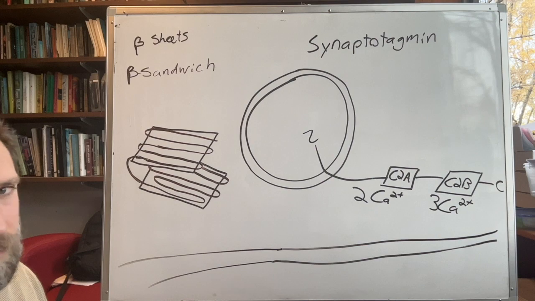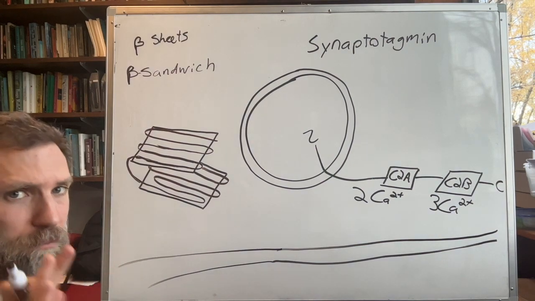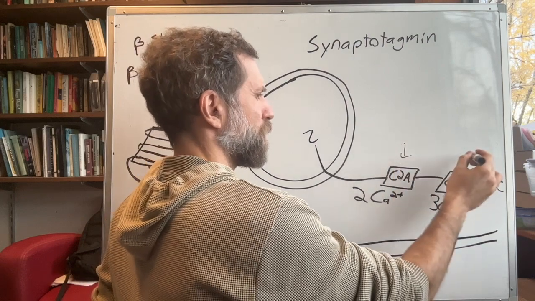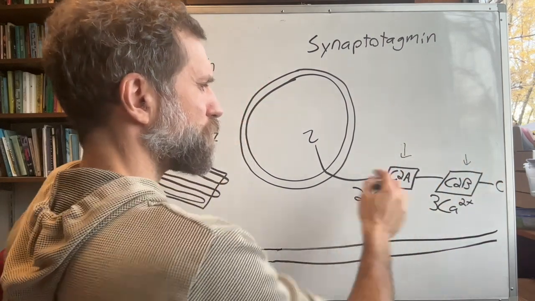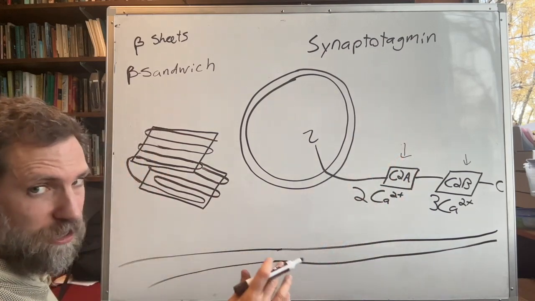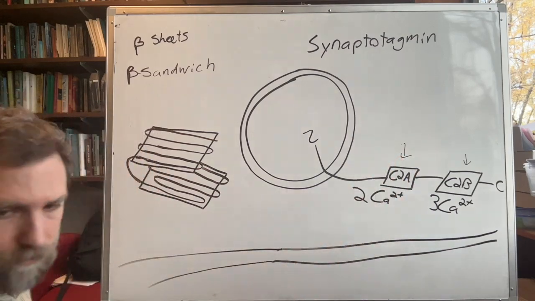And so synaptotagmin has two beta sandwiches. There's one here and one here. Two different beta sandwiches. So these blocks right here each represent two beta sheets that are stacked on top of each other.